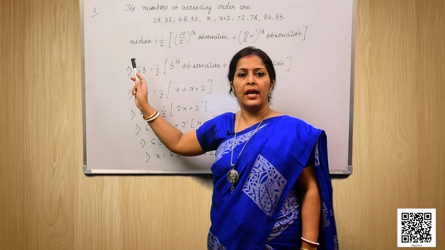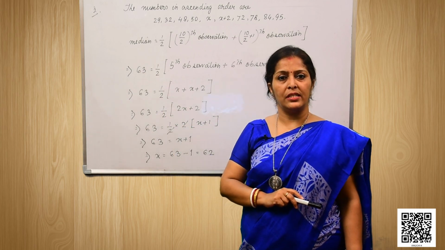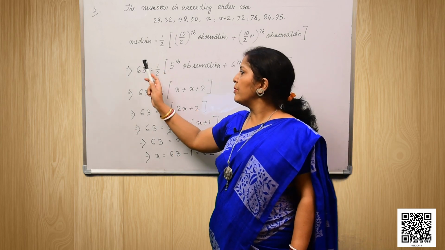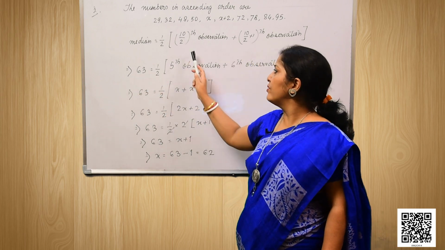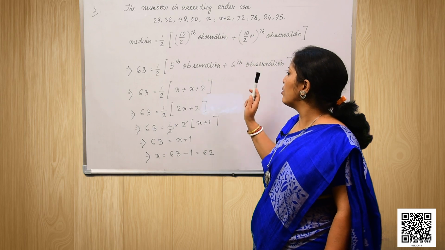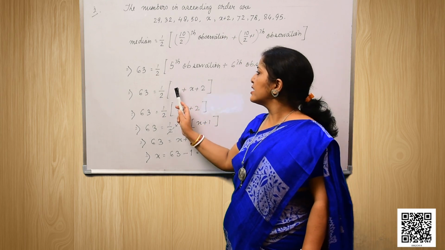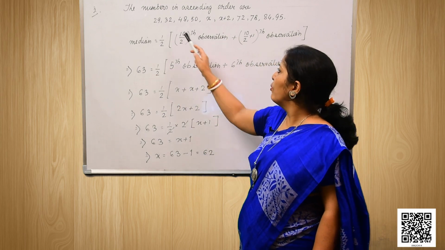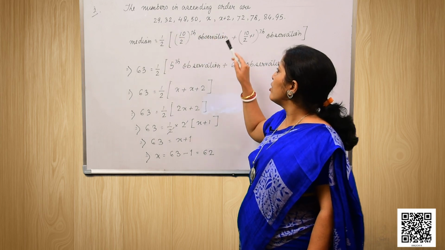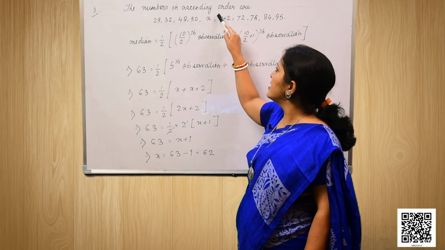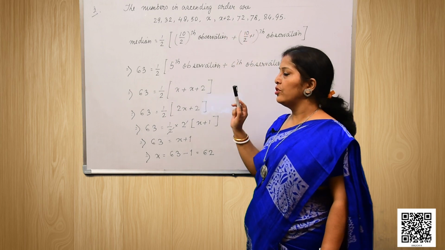Also it is given to us that the median is equal to 63. So, here instead of the median we write the value: 63 is equal to 1 by 2 into the 5th observation plus the 6th observation. In the next step, instead of the 5th observation we write x, and instead of the 6th observation we write x plus 2.